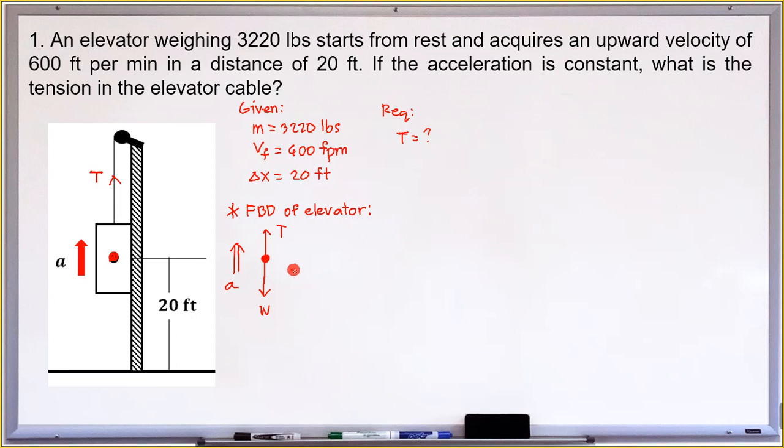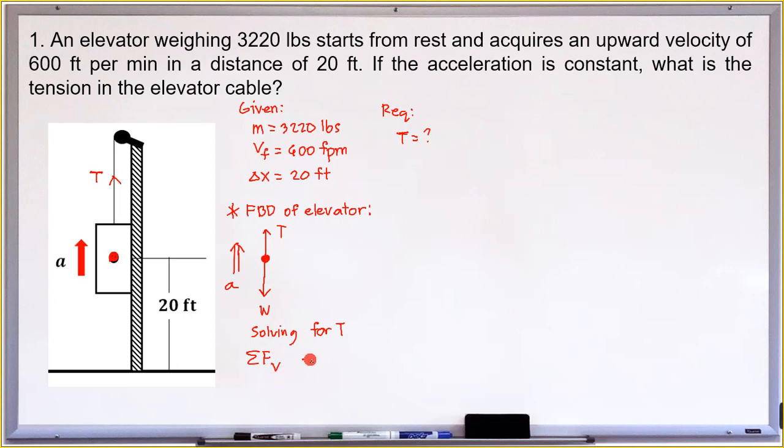After having this FBD, we're now ready to take a summation of forces, solving for T. We take the summation of forces in a single axis alone, the vertical axis only.